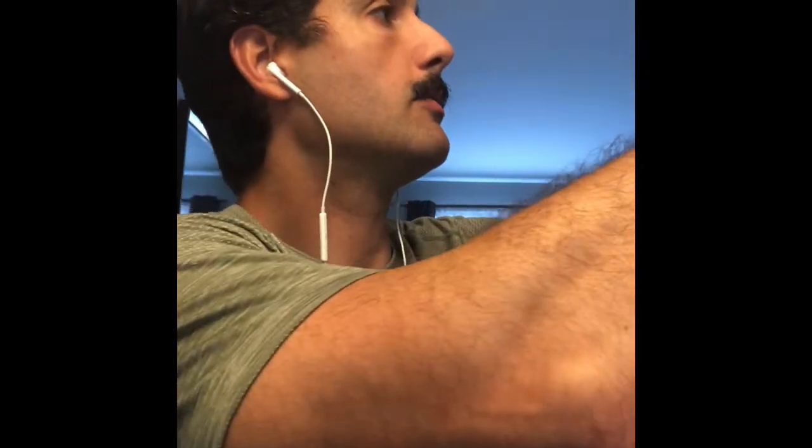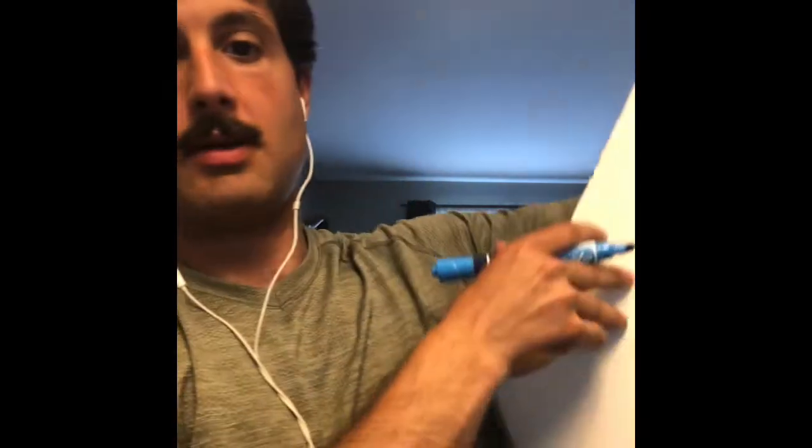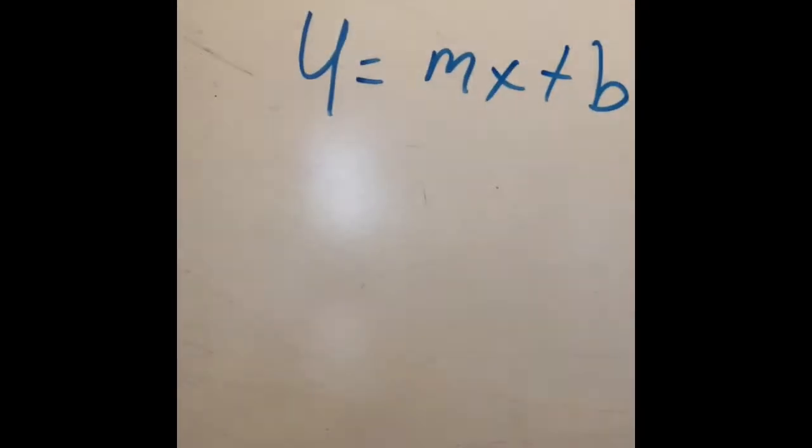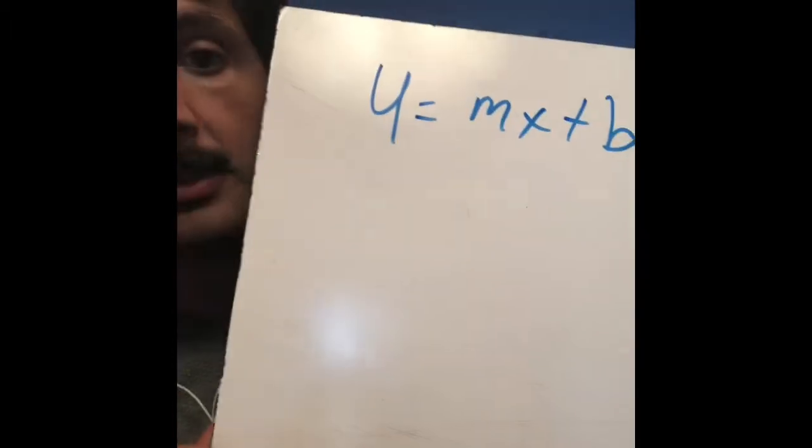In order to solve this problem, let's first look at the same equation we've been looking at for a while, one that you should be very familiar with: y equals mx plus b, where m is the slope and b is the y-intercept.